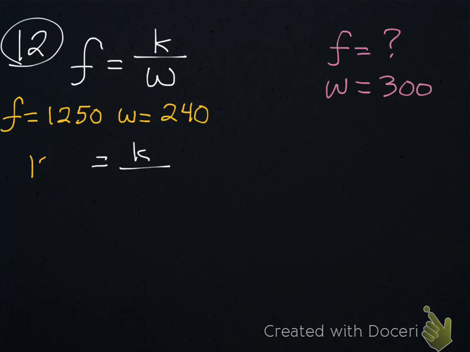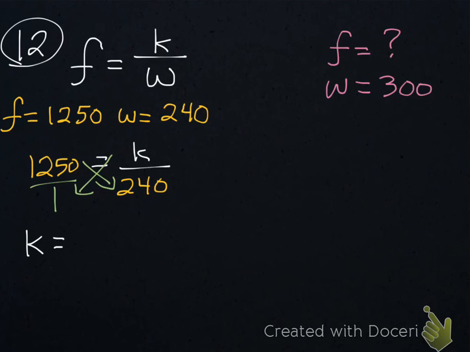So my frequency is 1250. My wavelength is 240. We put the 1250 over 1. Cross multiply. That's going to be a big number, but that's okay. So K equals 300,000.